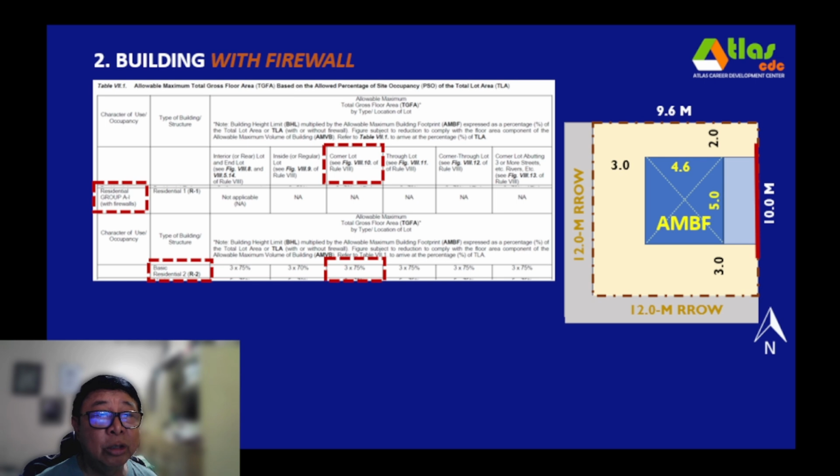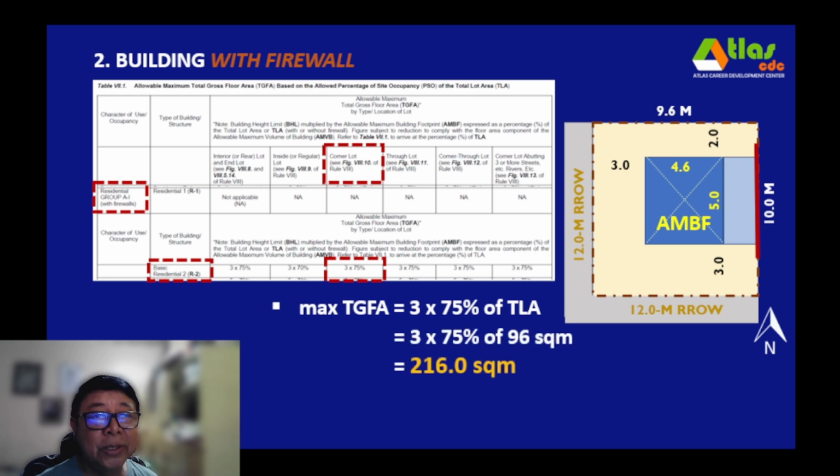So the 3 here is again your BHL, and 75% is your maximum PSO. So we make use of the values provided in this table. So we arrive at 3 by 75% of the TLA 96 square meters, which will give you 216 square meters.